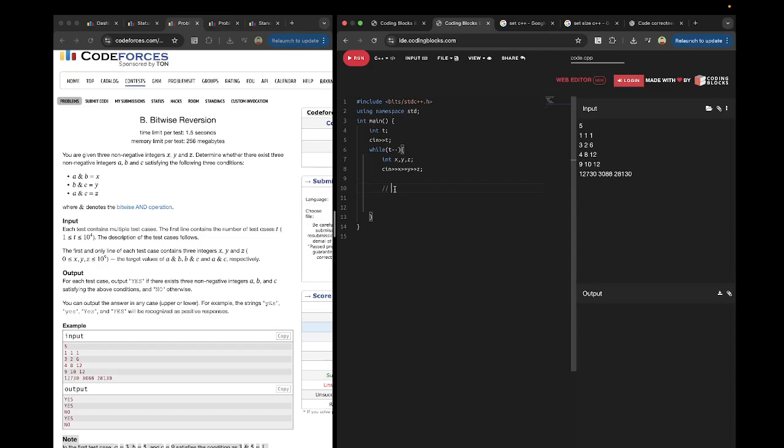Okay, let's do some operations, bitwise operations between x and y. So let's say x and y. I have no idea what to do here. So let's just do this.